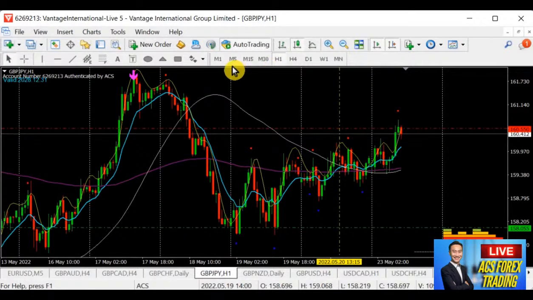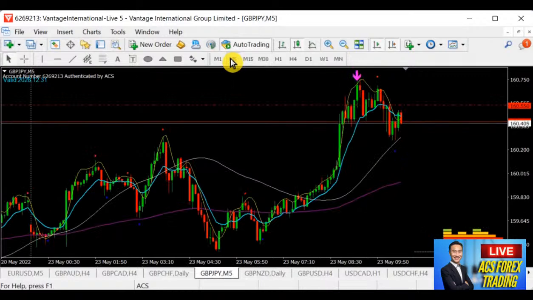I'm still waiting for a good chance to have a selling signal. But currently, if you're asking me whether I'm going to sell this right now, I won't sell immediately.